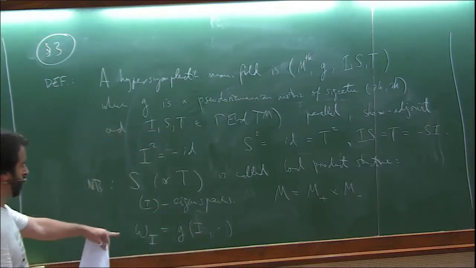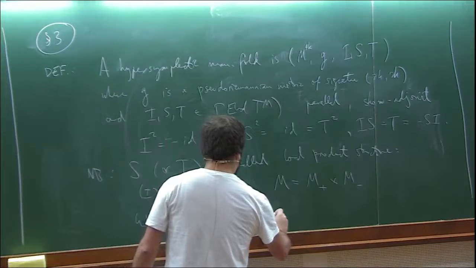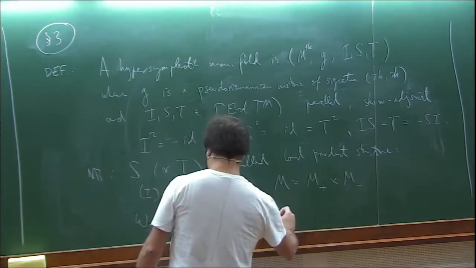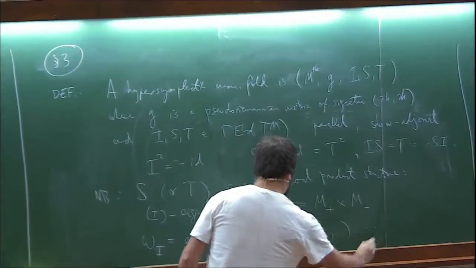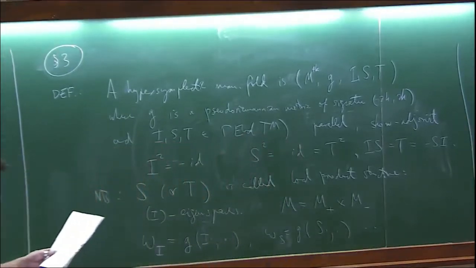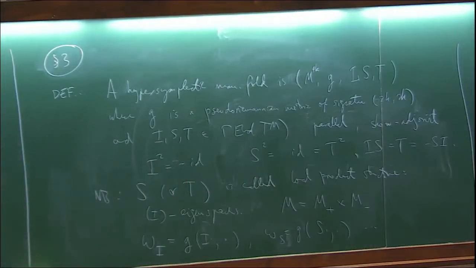So you have omega I, omega S, and so on. There's a similar story: they are closed if and only if these are integrable and parallel.